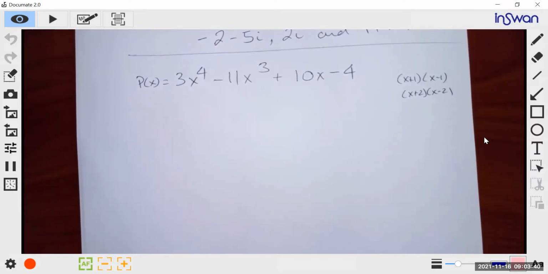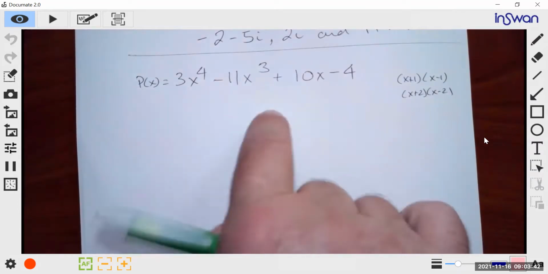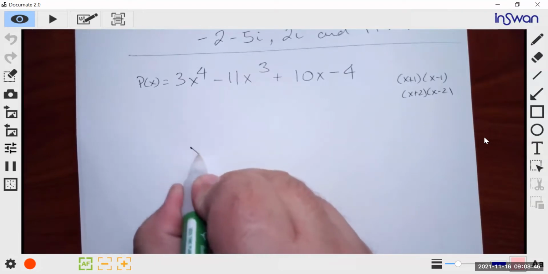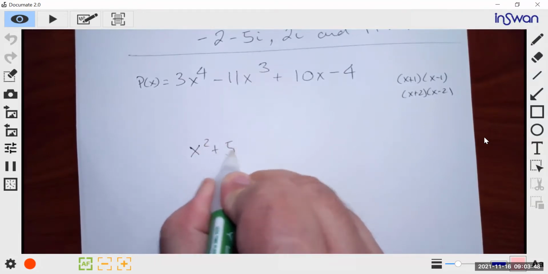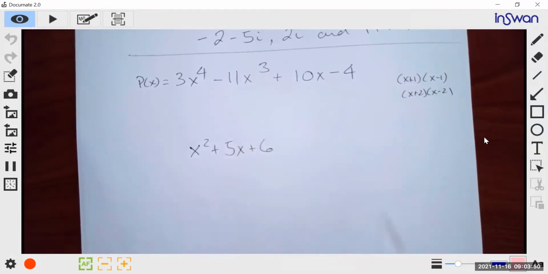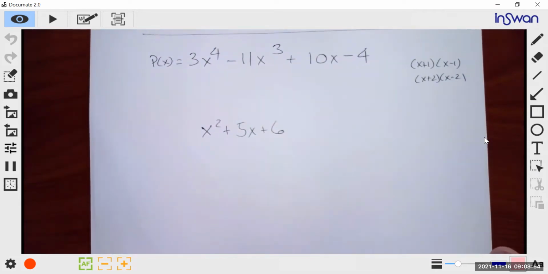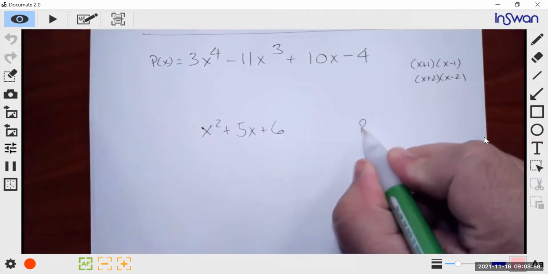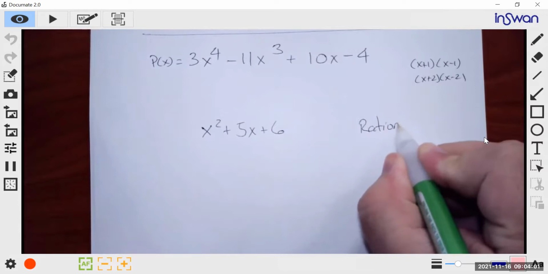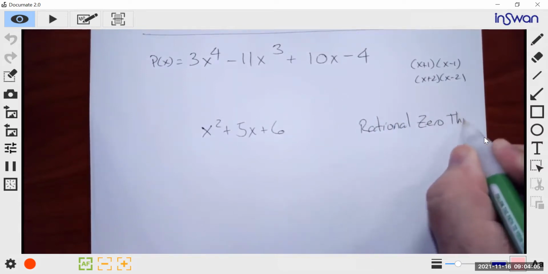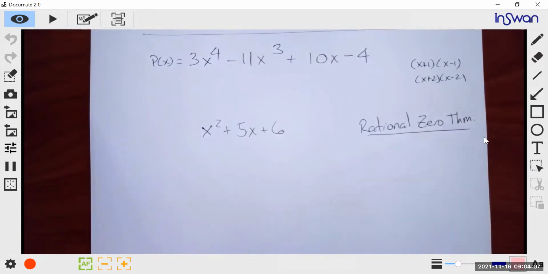This next part, we'll start narrowing it down. We'll come back to this in a second. Let's look at the ones we've done already. This is called the Rational Zero Theorem.